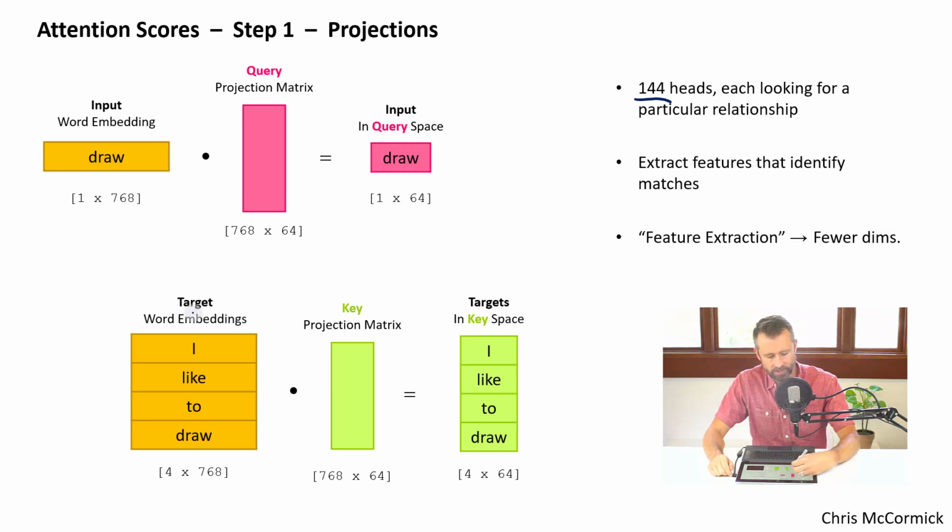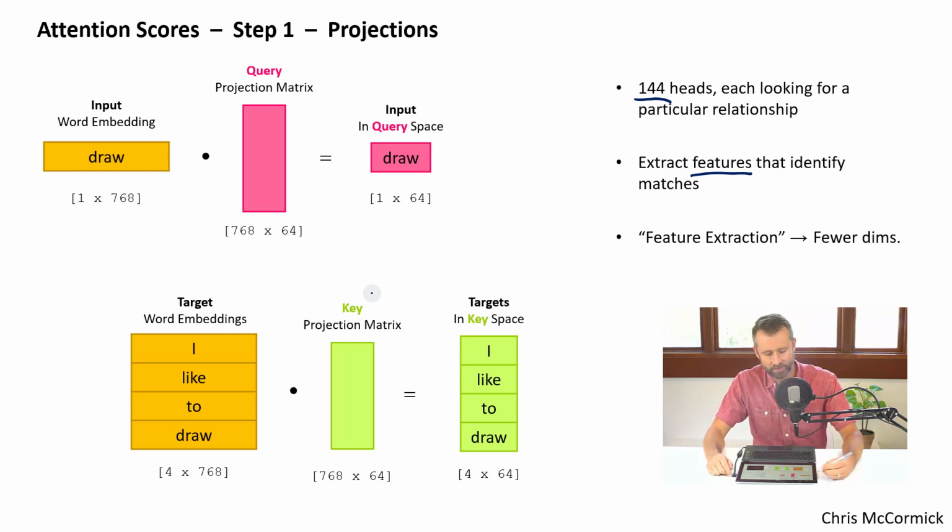We'll multiply the targets against the key projection matrix, and that'll give us a representation of our targets in the key space. Really what we're doing with those projections is trying to pull out features from the input and features from the targets that are going to help us detect the relationship that this particular head is looking for.